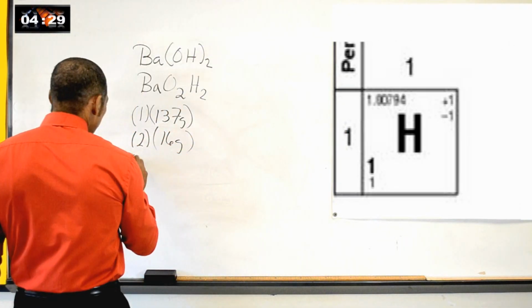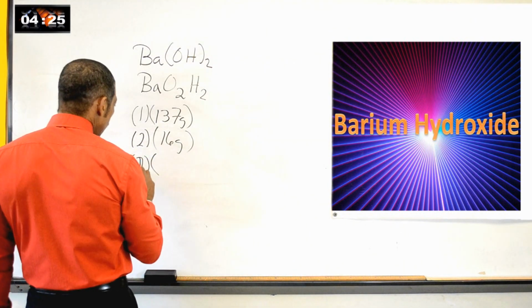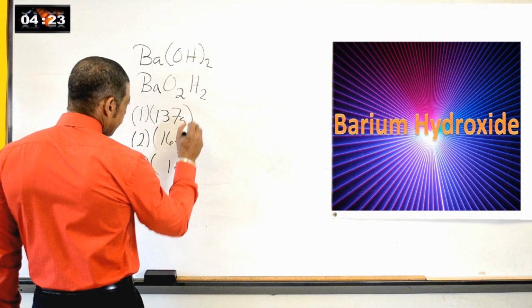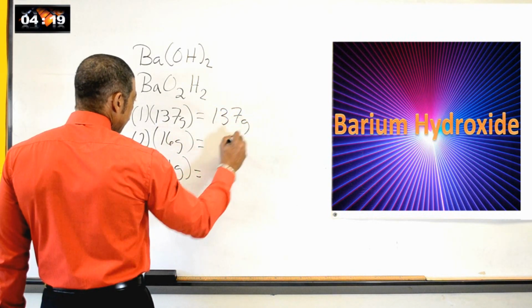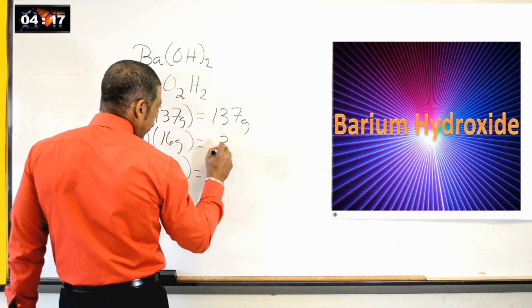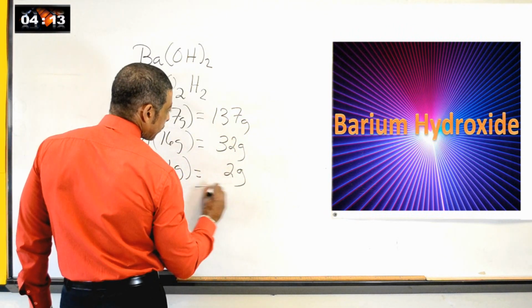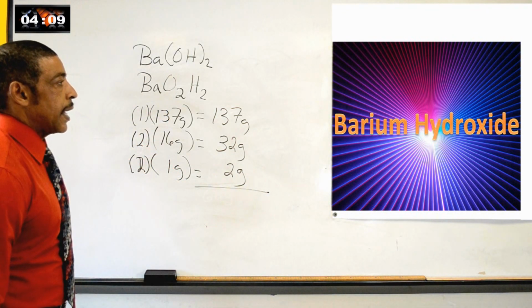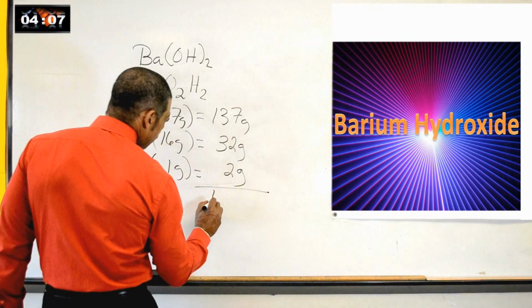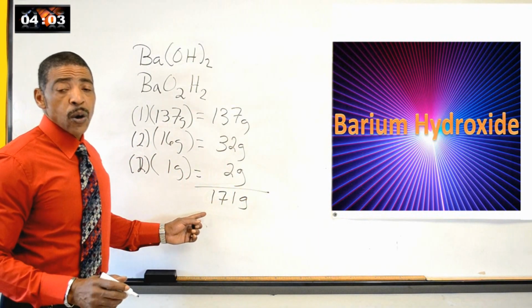The mass of hydrogen rounds to 1 gram. So we have two of those, 1 gram. 137 grams. 2 times 16, 32 grams. And 2 times 1, 2 grams. Now we simply add the masses. And the sum will be 171 grams. This represents the whole, the total mass.